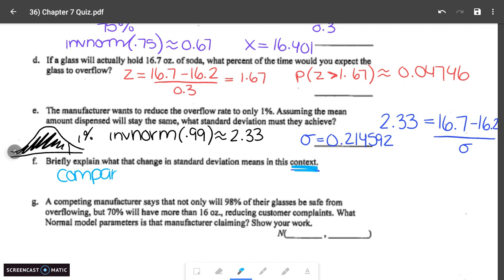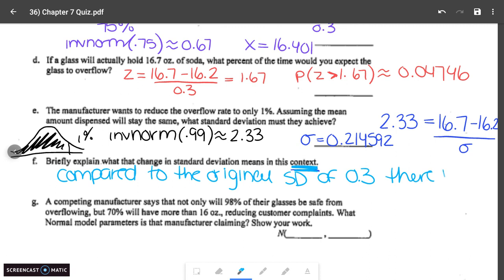So again, compared to the original, there is less variability, because remember, standard deviation always refers back to that variability in the data, because there is the changes.